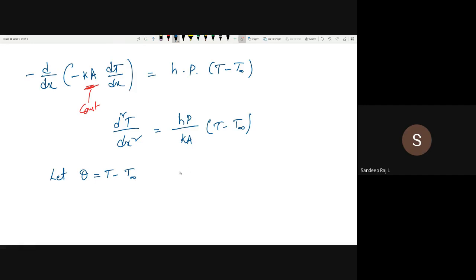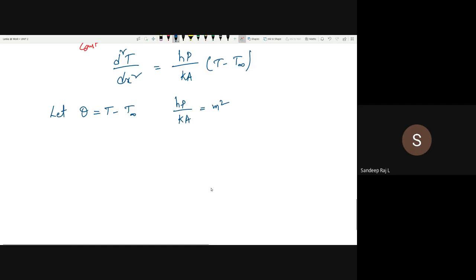And also I will write hP by kA, I will equate it with m square, some constant m square. This is an assumption. The use of this assumption you will understand as we go ahead, so for now take it for granted. So theta is T minus T infinity, that is one assumption. The other assumption is hP by kA, which I will take as m square.